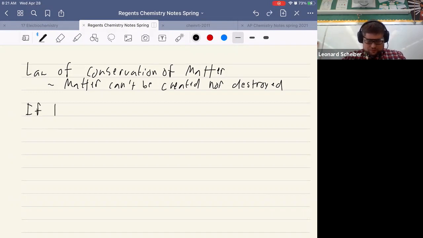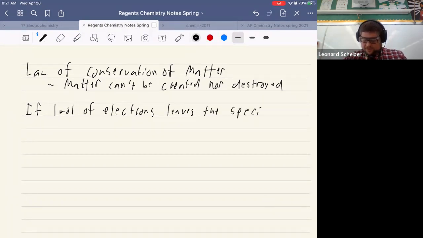1 mole of electrons leaves the species being oxidized, one mole of electrons must also enter the species being reduced.